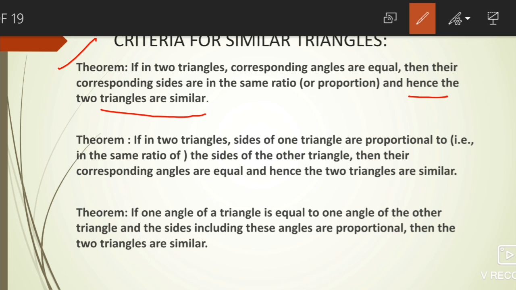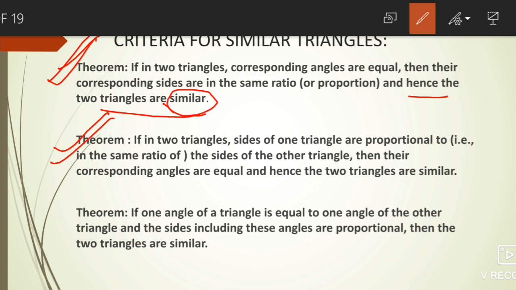One is that corresponding angles have to be equal, and the other is that the ratio of corresponding sides has to be equal. But this theorem states that if the corresponding angles are equal, then the two triangles have to be similar. You don't have to check the second condition. That means if corresponding angles of two triangles are equal, the triangles are directly similar.